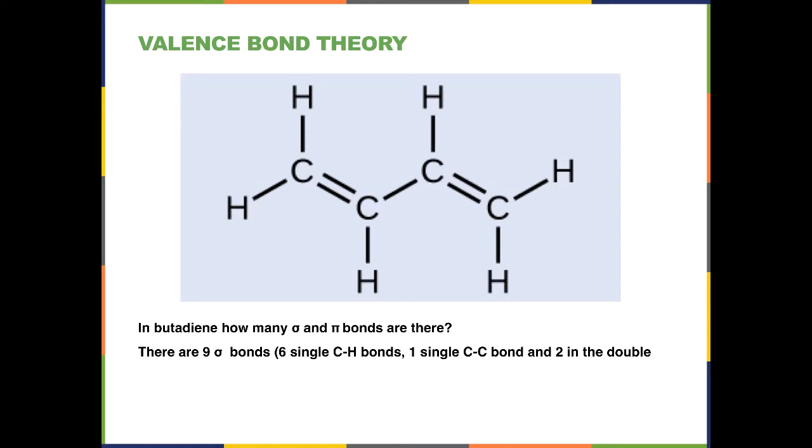So for example, here you have 1 sigma bond, here you have 1 sigma bond, and here you have 1 sigma bond. So that's 3. And then out here you have 6 more, so there's a total of 9. You have 2 double bonds, and so you have 2 pi bonds, one here and one here.